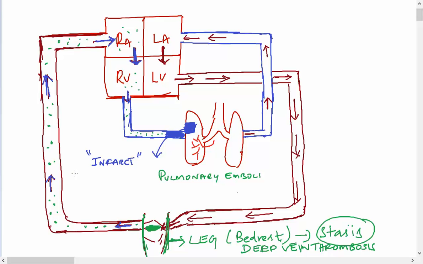Okay, ischemic related coagulative necrosis, understand, it is called infarct, right?